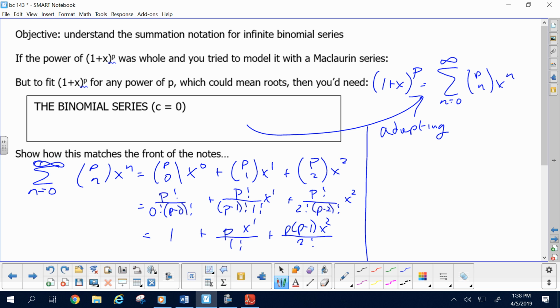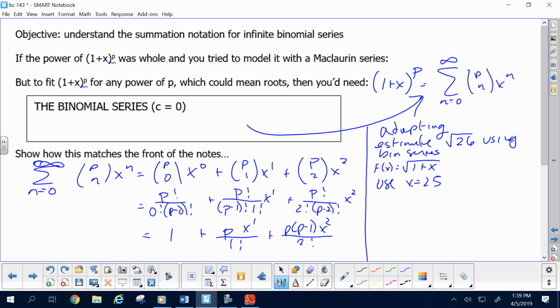Adapting. If you wanted to estimate the square root of 26 using the binomial series, you would have to do a little bit of tweaking. Think of it like arctangent gets tweaked in the antiderivative, all right? So it goes something like this. You would say, all right, first of all, the binomial series is 1 plus x. Now you wouldn't use an x, would you use then an x of 25?